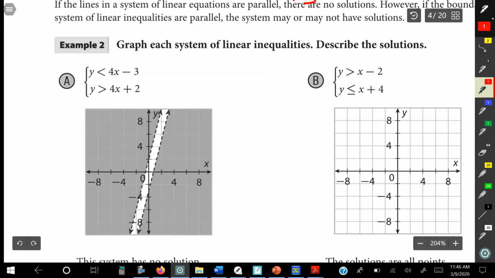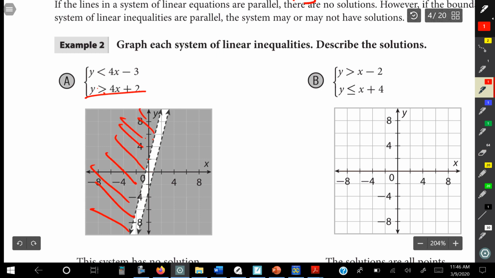So they went ahead and worked this one out. They started at -3 and went up 4 and over 1. And then they went to +2 and went up 4 and over 1. So we got the two lines. On the +2 equation, they said to shade greater than, so they shaded this way and left it dashed.